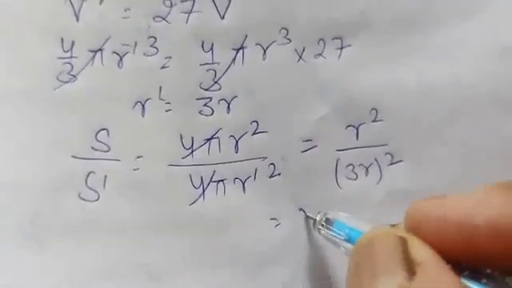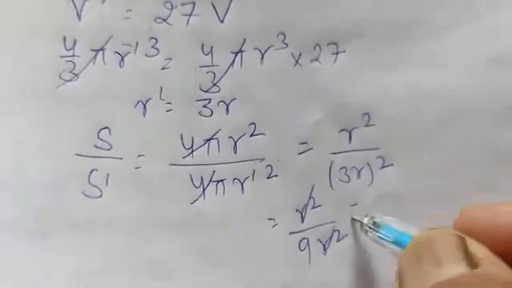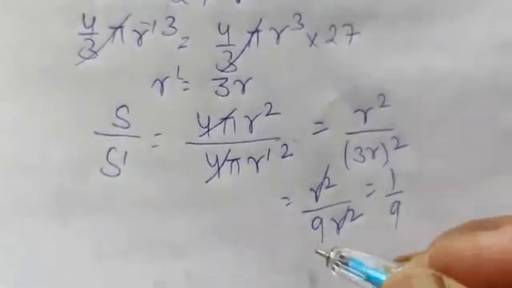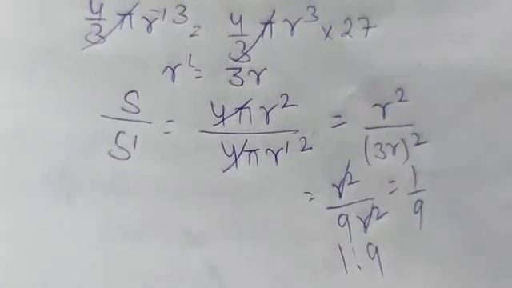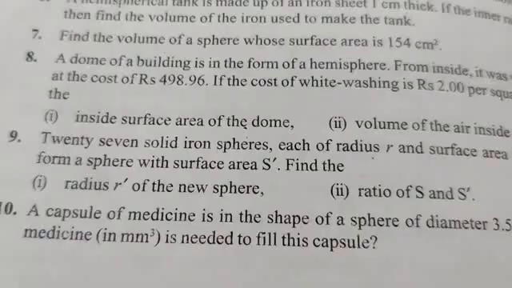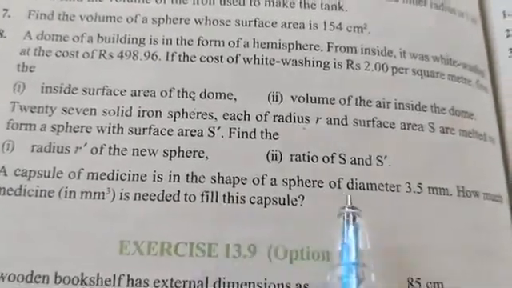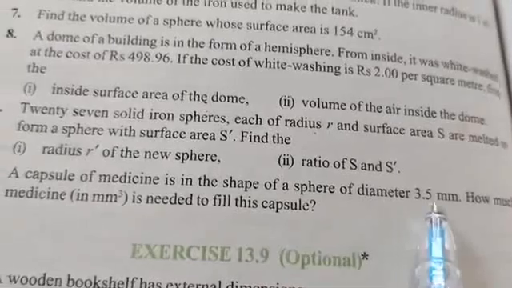R square upon 9r square. You get the ratio 1:9. S is to s dash equal to 1 by 9, 1:9.